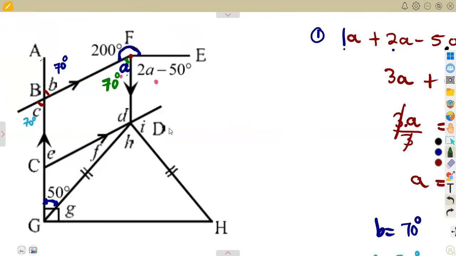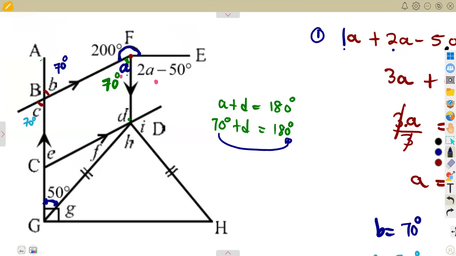A plus D is supposed to give us 180 degrees. But remember, we calculated A, it's 70 degrees. So we can find D. If we take this 70 to the other side, it's going to be a minus. So D is 180 minus 70 degrees, which is 110 degrees.